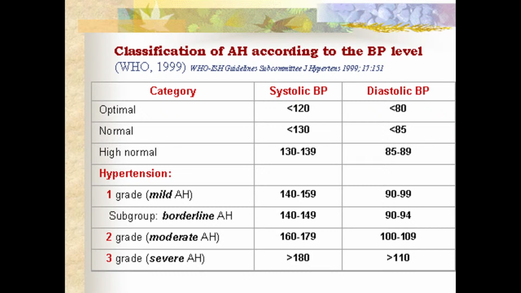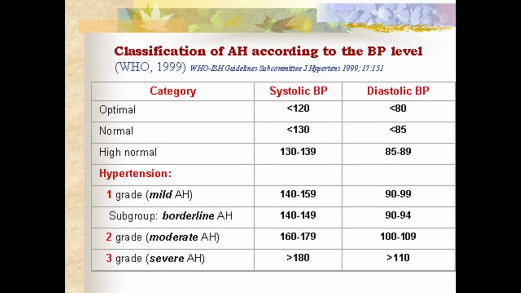Normal blood pressure for systolic BP is less than 130. Diastolic BP should be less than 85. And high normal is from 130 up to 139, and diastolic from 85 up to 89.